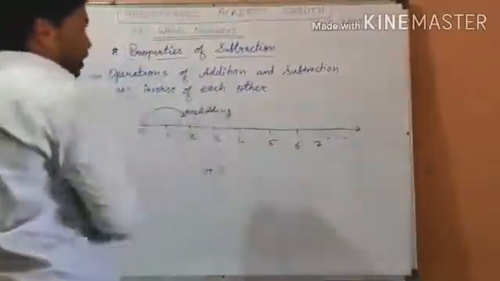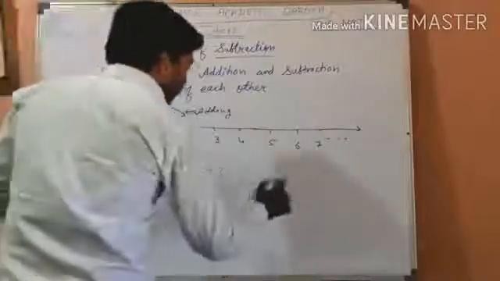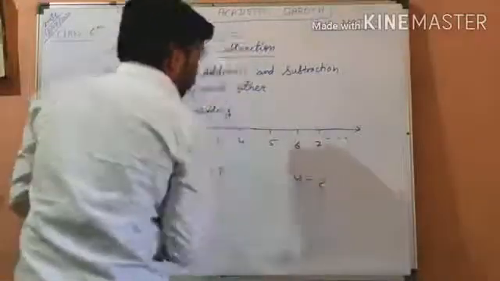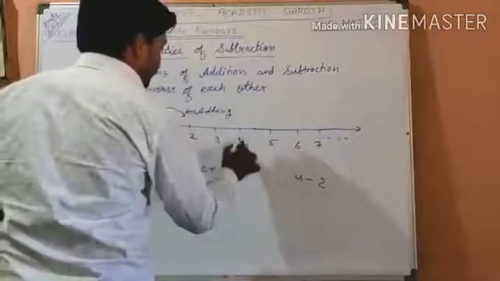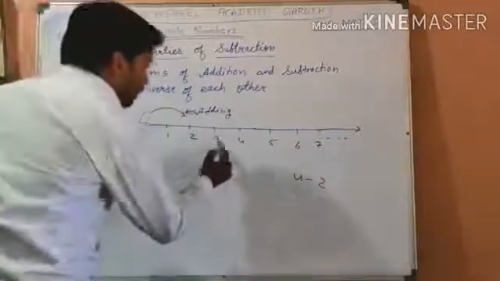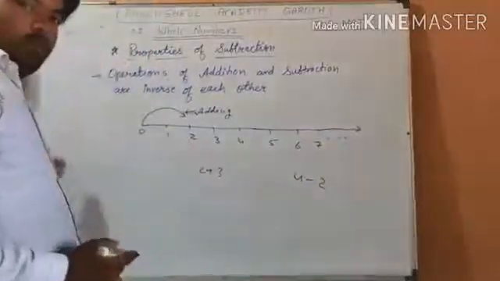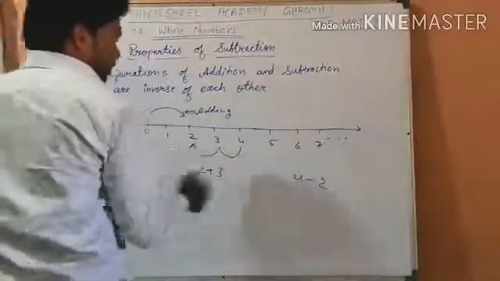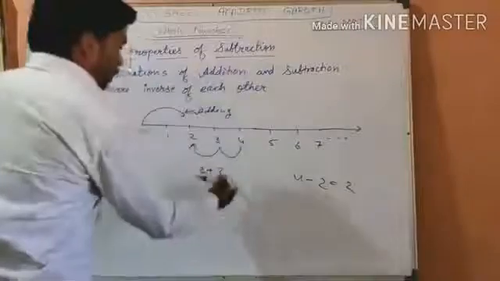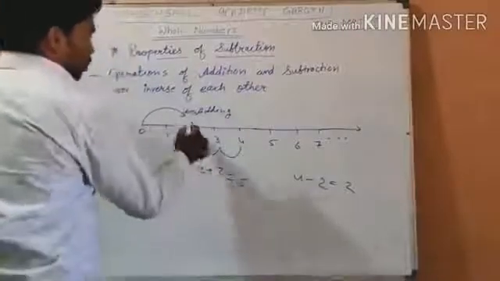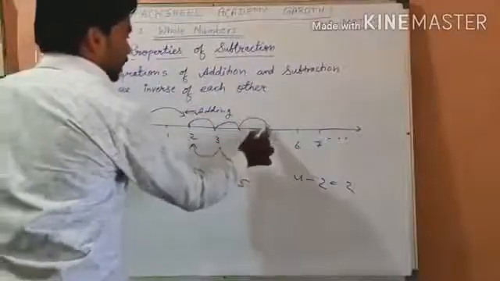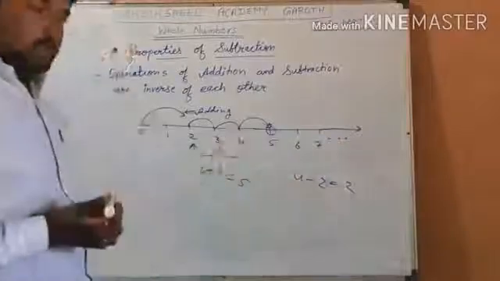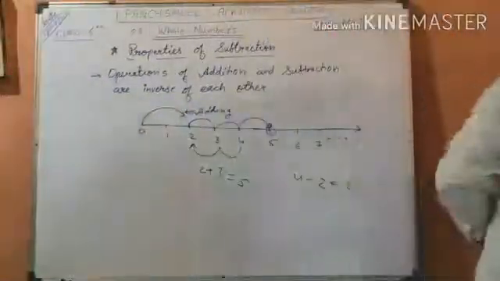So this is adding. But in subtraction, if we subtract 4 minus 2, we jump to 4 and after that we jump to the left side. 4 minus 2 means 2. 2 plus 3 equals 5. So we have seen these things on number lines.